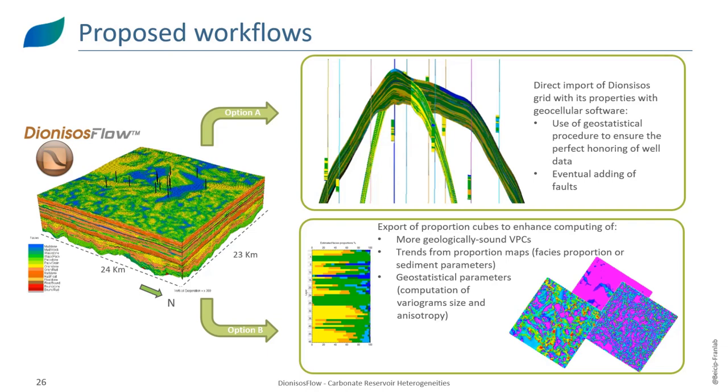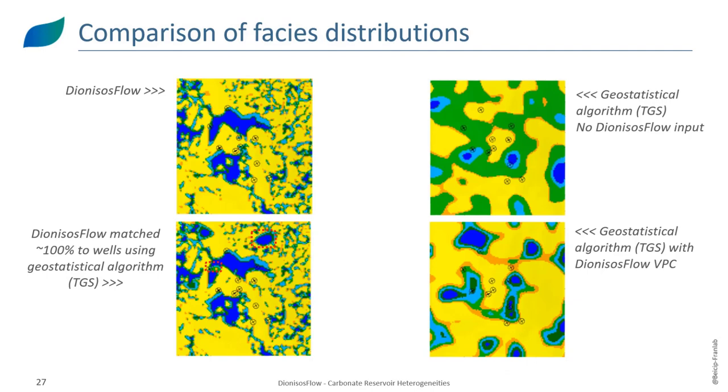For MPS, you can get some training images that you could use for your simulations as a soft constraint that will accompany your well data and your seismic data when you're doing geostatistics. There are several advantages to using that, and they range from better VPCs to better variograms.